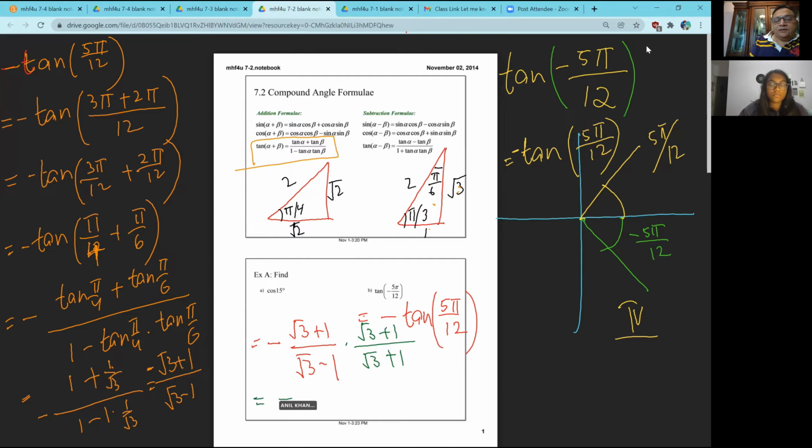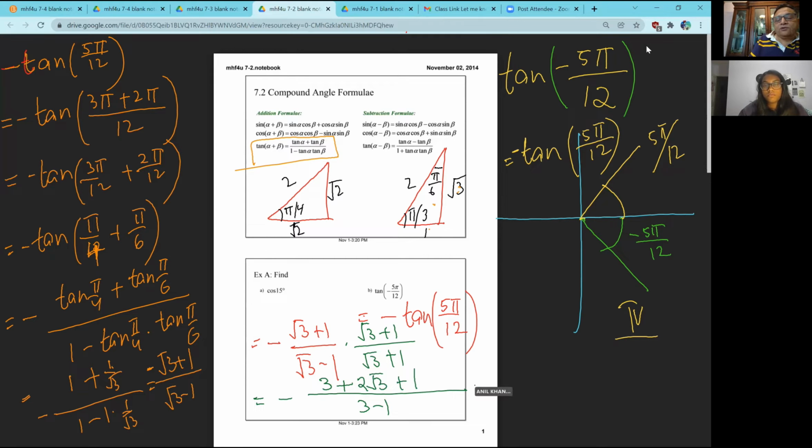In the denominator, I get a square minus b square, which is 3 minus 1, correct? And in the numerator, I get square root 3 plus 1 whole square, because both are common, right? When I expand, I get a square plus 2ab plus b square. Square of square root 3 is 3, plus 2ab means 2 times square root 3 times 1, and plus 1 square.